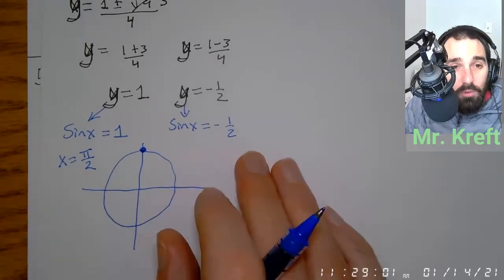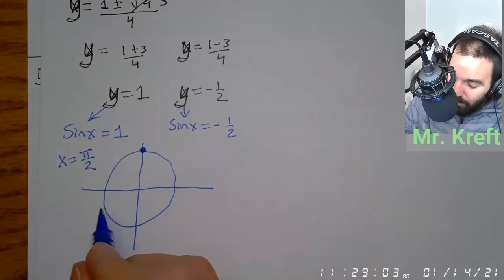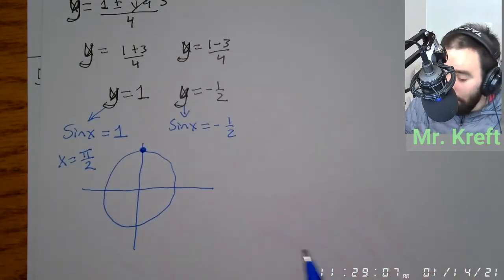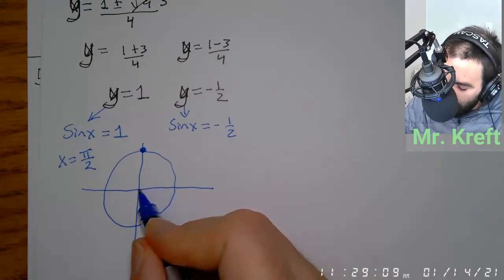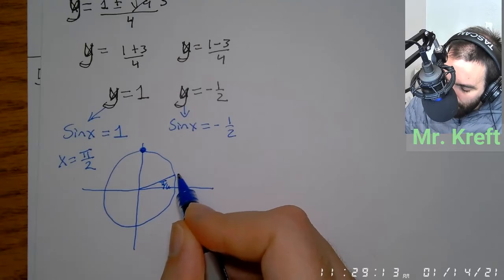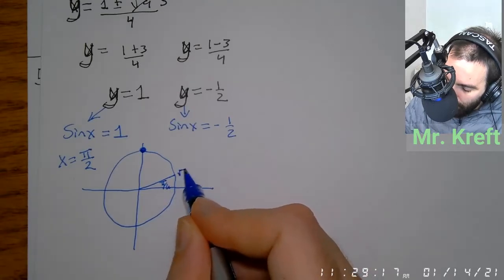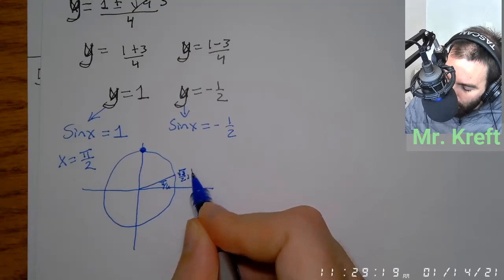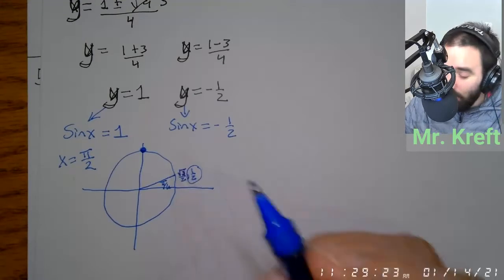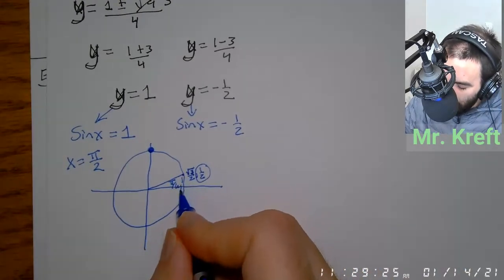Here, sine of x equals negative 1/2. Well, there are going to be two places that it equals negative 1/2. Now, I don't have those places memorized. So what I do is I know at pi over 6 the coordinates here are root 3 over 2 and 1/2. So sine of pi over 6 is 1/2. So I'm just going to use symmetry.